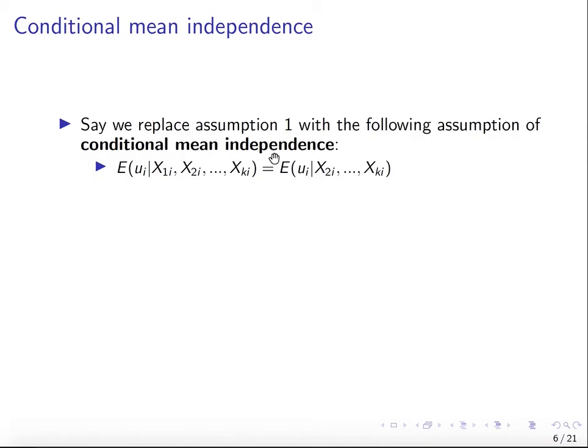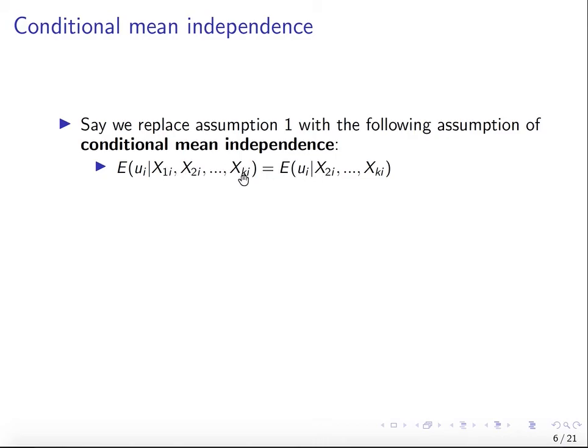The conditional mean independence means that the expectation of ui conditional on all your regressors should be equal to the expectation of ui conditional on all your regressors but the one for which you have a main interest. So this may be schooling, this may be Chinese import competition, and all the other types of treatment variable we cared about.